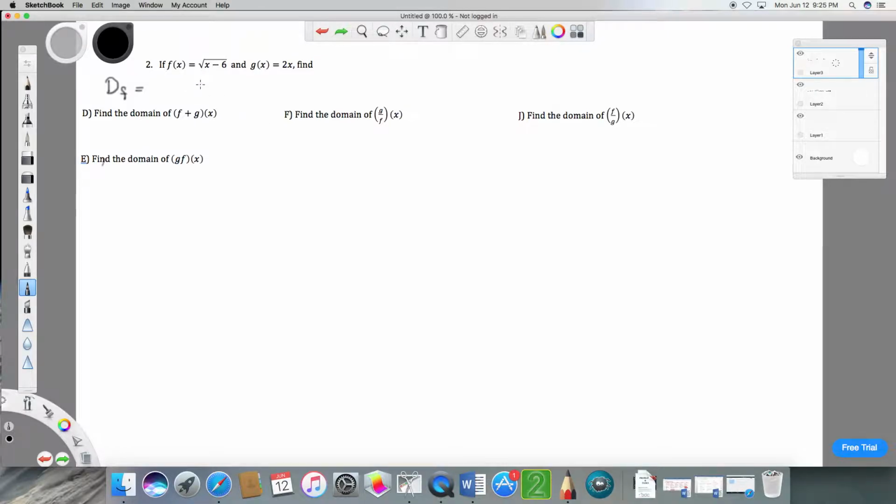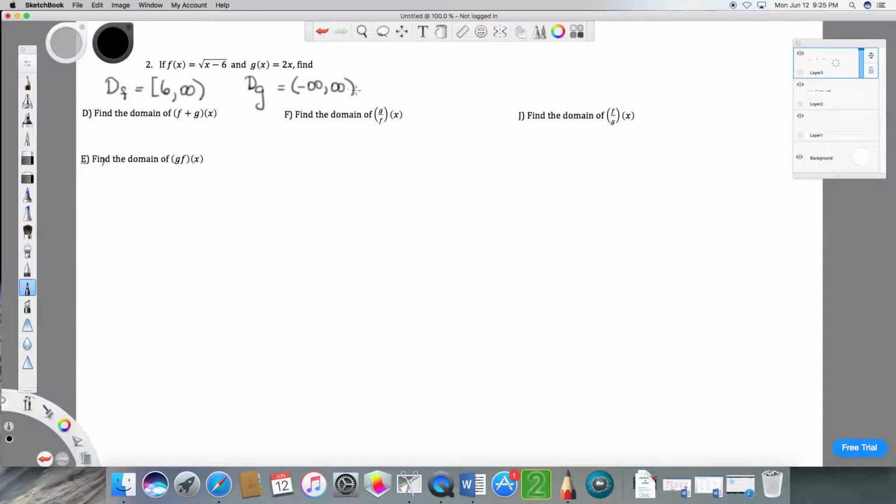So x has to be 6 or larger, otherwise that subtraction is a negative number. So to be 6 or larger, here's 6 all the way to infinity. The domain of g is all real numbers because we don't have any variables in a denominator and we don't have any variables underneath the square root.